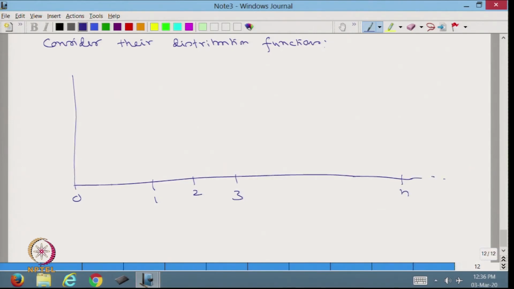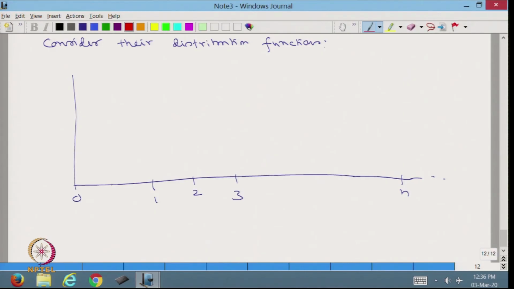What is the distribution function for X1? It takes the value 0 with probability 0, and it takes the value 1 with probability 1.